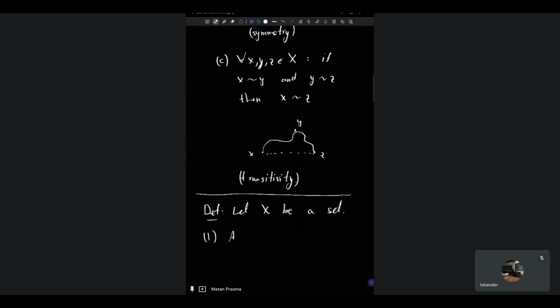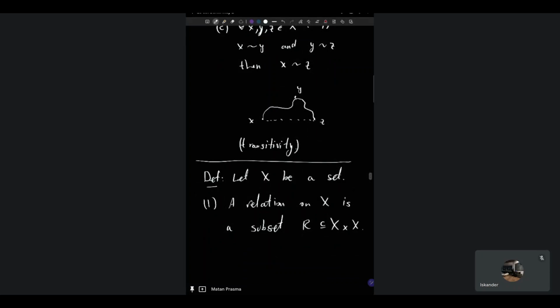A relation on X is a subset, let's call it R, of the Cartesian product of X with itself.